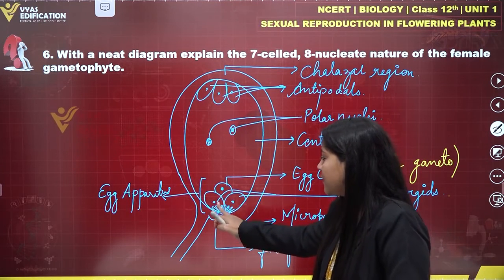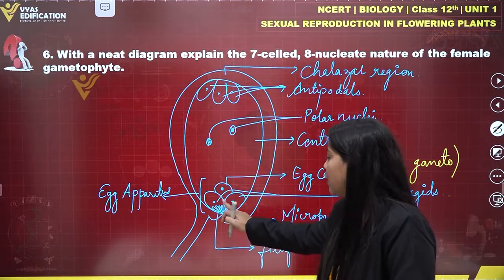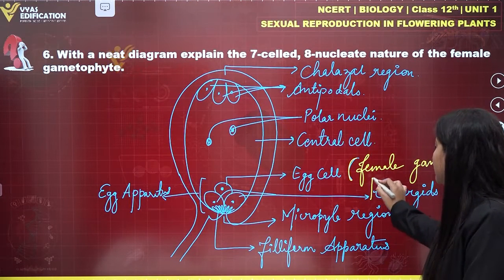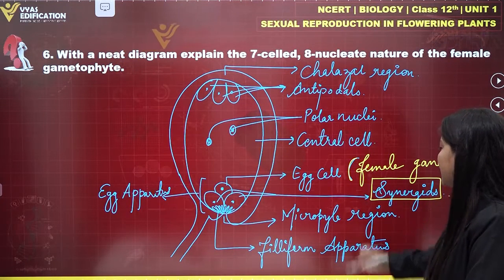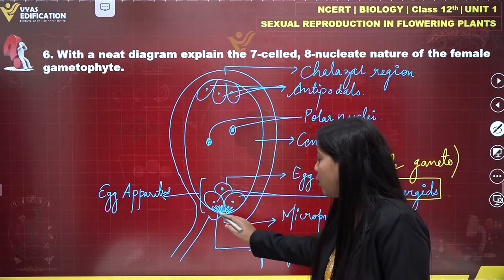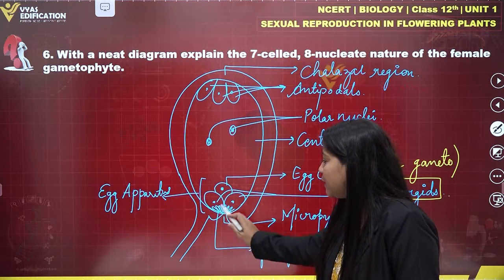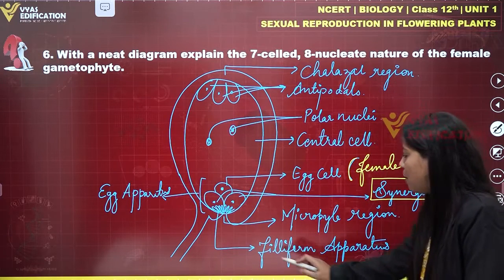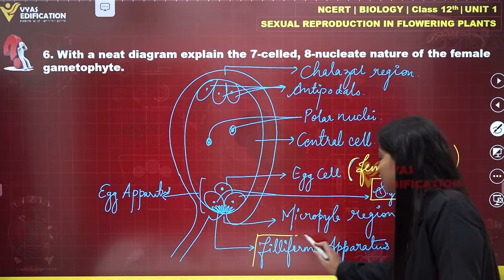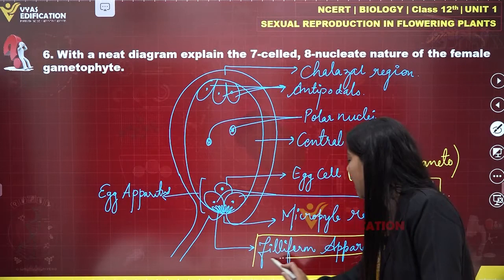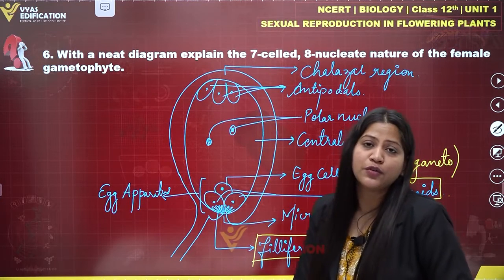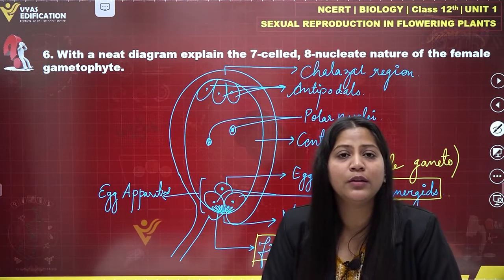These two cells present near the egg cell are known as synergids. These two synergid cells have finger-like projections on their wall, known as the filiform apparatus. What is the function of the filiform apparatus? They guide the formation of the pollen tube through the pollen grain.